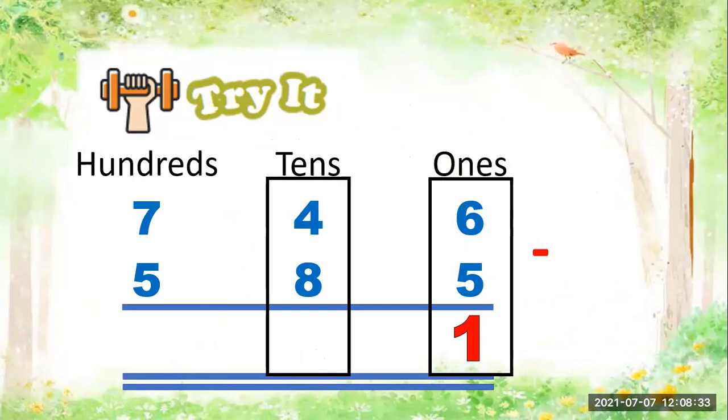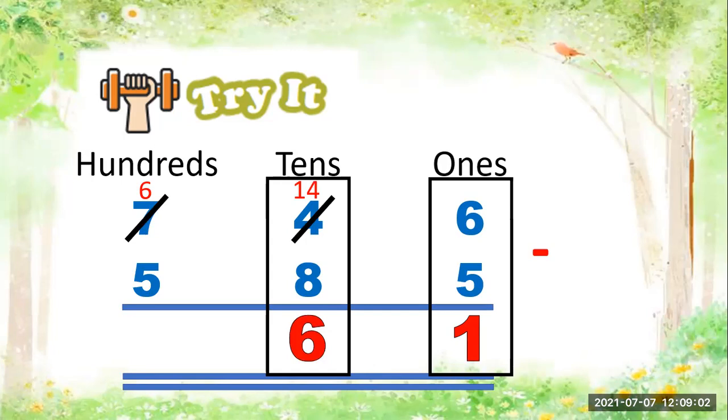So 700s, we will cross it out. We will rename it. Instead of 700s, it becomes 600s. And 4 tens will become 14 tens. So now we can subtract because 14 is greater than 8 tens.